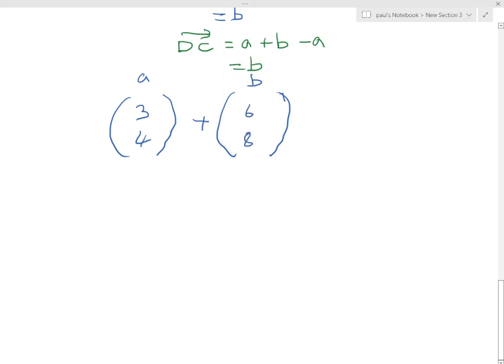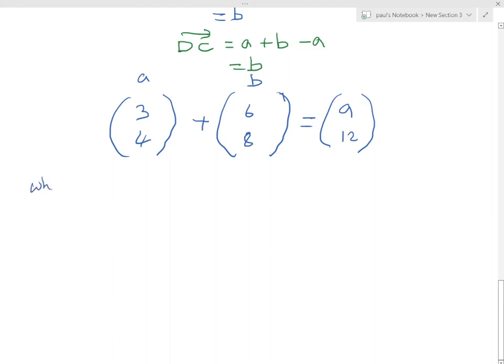Yeah. So add those two together. What we do with these, we just add the x's together because vector A says we've moved along 3 to the right. Vector B says we moved along 6 to the right. So we just simply add the two numbers at the top to give us 9. Add the two numbers at the bottom, the y's, that will give us 12. So that's 9, 12.